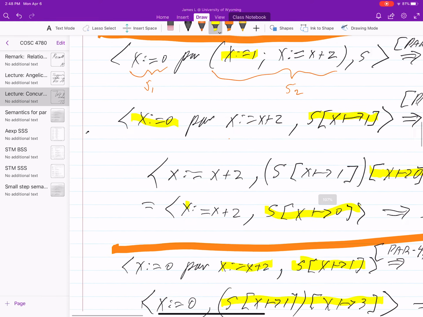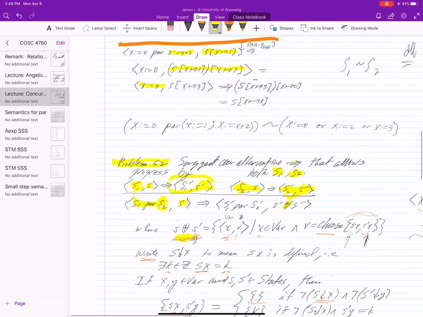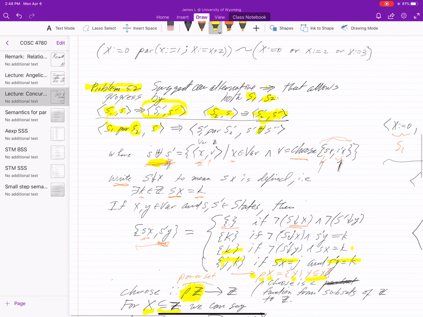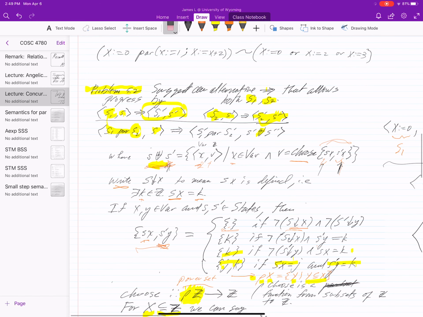So if we go down here and you want to solve this problem, and this is all I'm going to say about this, another way would be to start this one in S prime, and then get rid of this operator and just have it be S double prime.